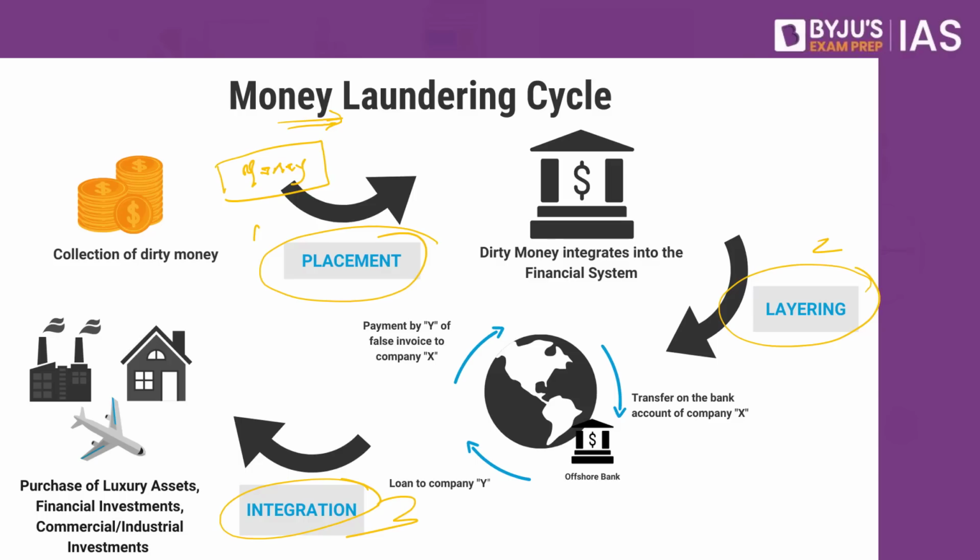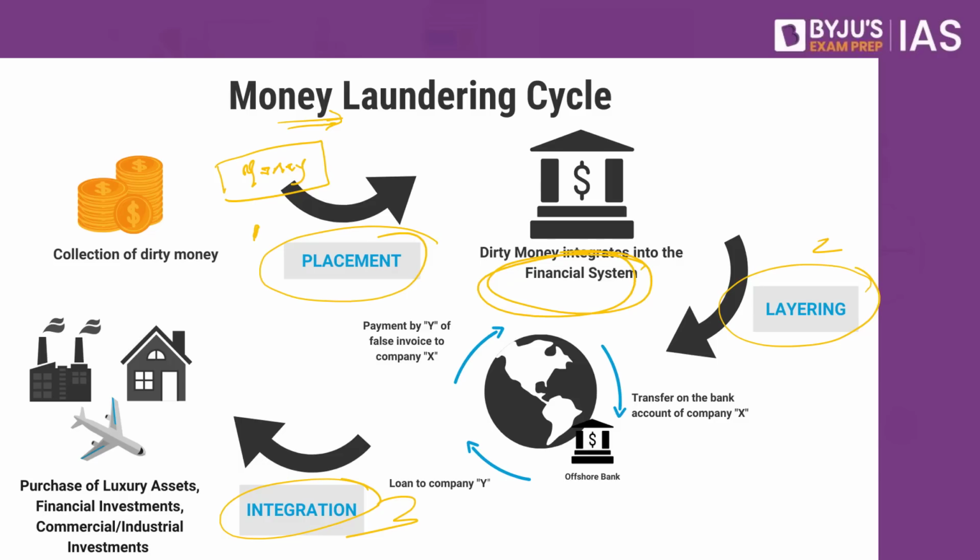So the illegal money generated by serious criminal offenses like terrorist financing or drug trafficking will all be placed, which means the illegal money will be put into the financial system. Placing the illegal money into the financial system is called placement. Taking the illegal money and putting it into the institution, into the system, is called placement. This is the first step.